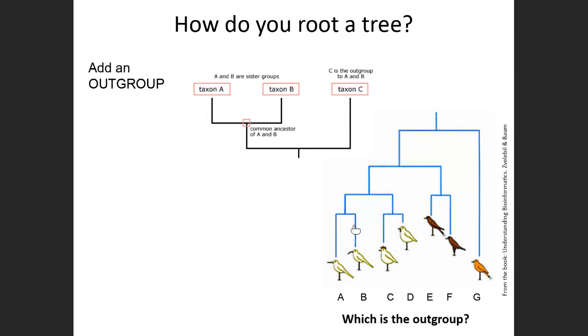Which one is the outgroup on here? Right. So yeah, bird G, because that is the most different. So we make that the outgroup, and then when we have information, either the sequence or morphology, then we see, okay, this is my most different one. Now, of all these guys, which is the next one that more closely resembles my outgroup? And that is how we root a tree.